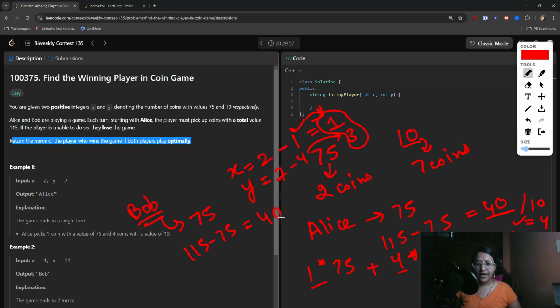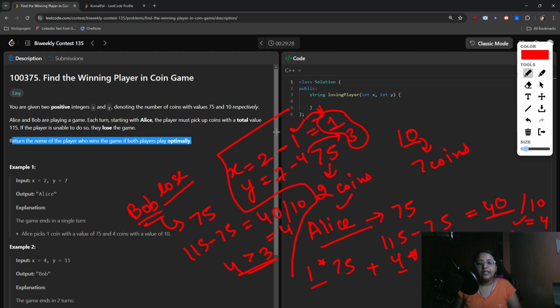Now Bob checks the remaining: yes, it is divisible, but the answer he gets is 4, which is greater than the remaining coins of 10. So in this context, Bob loses and Alice wins. That is the scenario here.